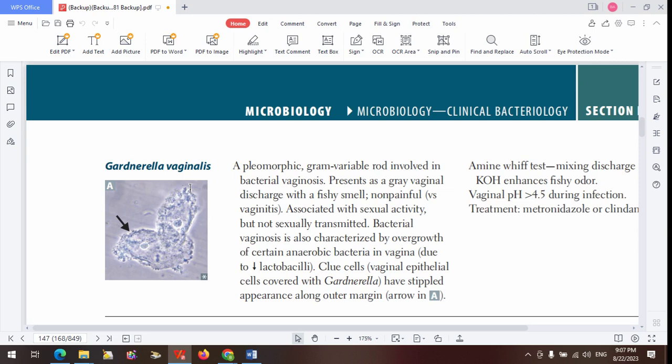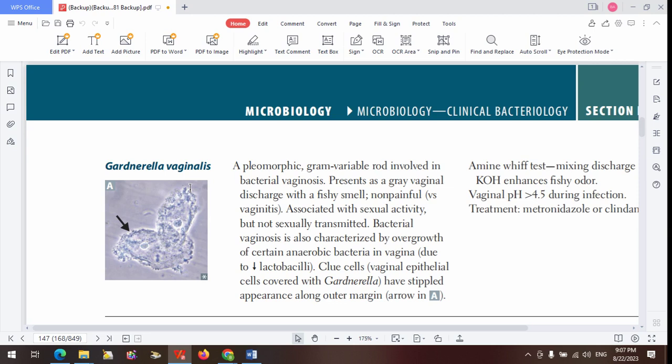And we said that any practice that kills off the lactobacilli, allowing proliferation of the Gardnerella and the other anaerobes, causes wahala. Lactobacilli is one of the microbes within the vagina that helps maintain the acidic pH, because the pH of the vagina is less than 4.5, it is acidic.